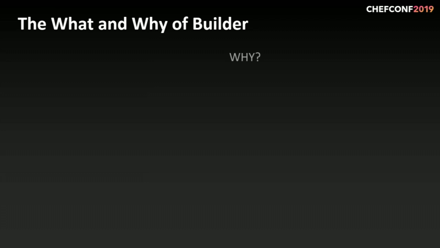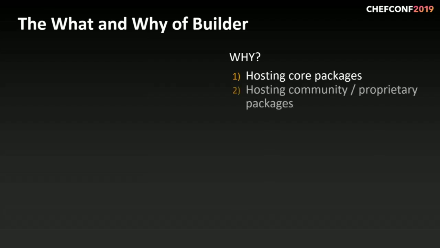So there's a number of different questions here. Where are we hosting these core packages that form the primary corpus of packages that get used? And then where are we hosting the community packages and the proprietary packages that you might have?